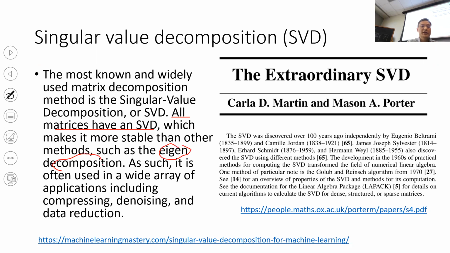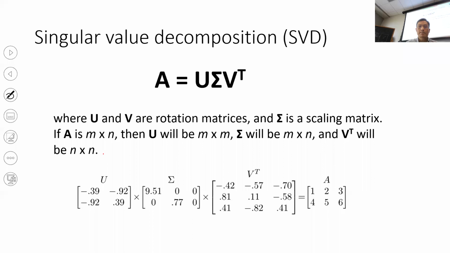Eigen decomposition only applies to a square matrix. Okay, this is an example.